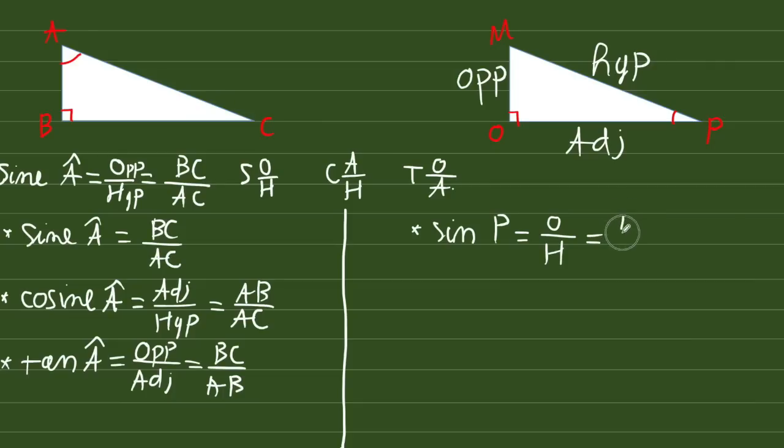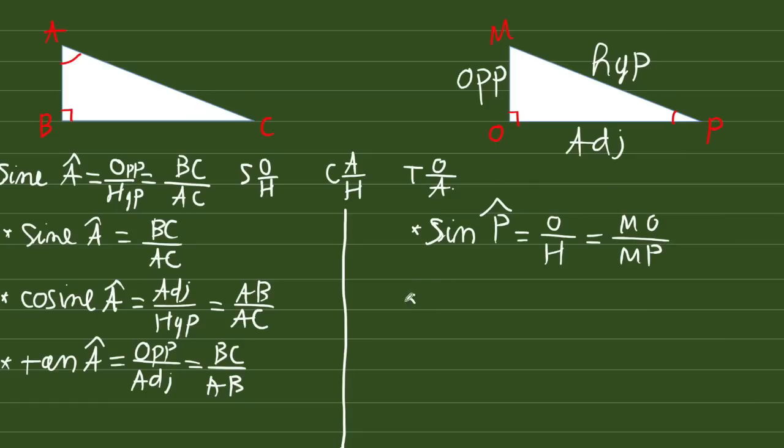The opposite is MO and the hypotenuse is MP, so sine P equals MO divided by MP.